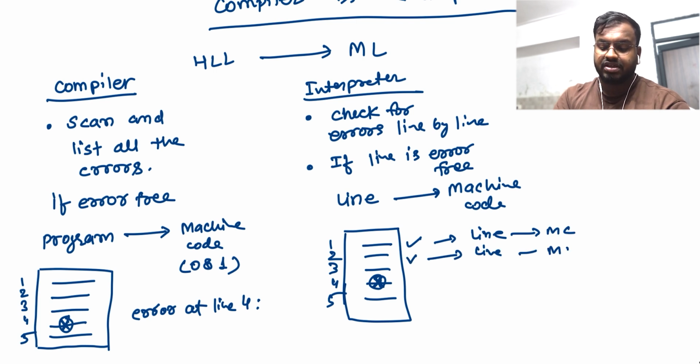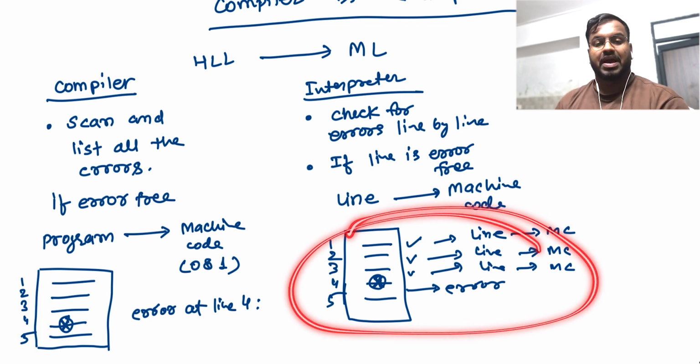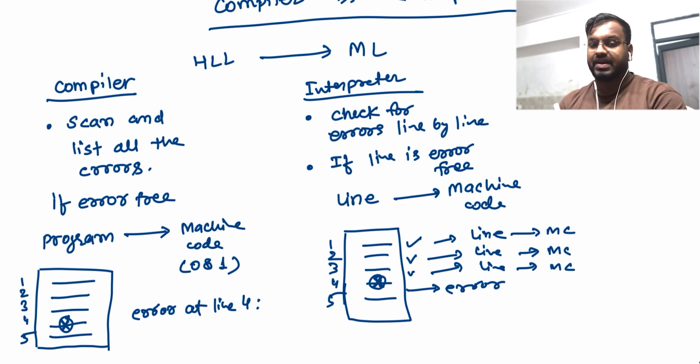Line number 3 is correct, so convert this line to machine code. Line number 4 has an error, so the error will be displayed on the console. Then you will fix your error and the conversion will start from that particular point. Then line number 4 will get converted, then line number 5 will get converted. This is how an interpreter works. I hope the difference between compiler and interpreter is pretty clear to you all.